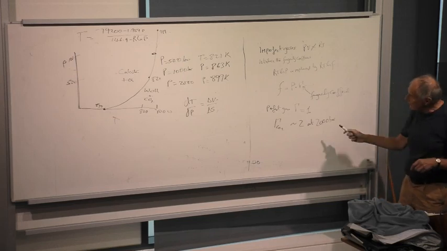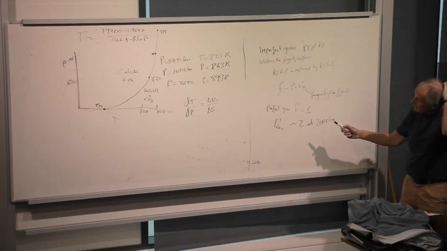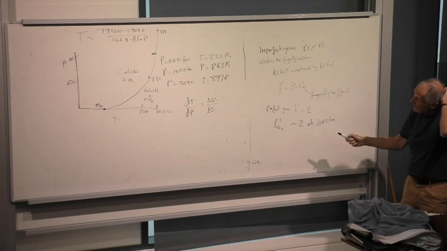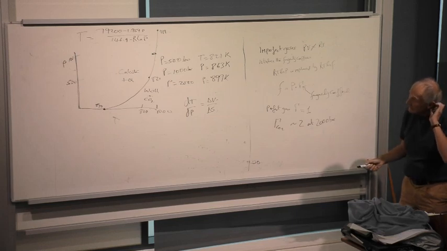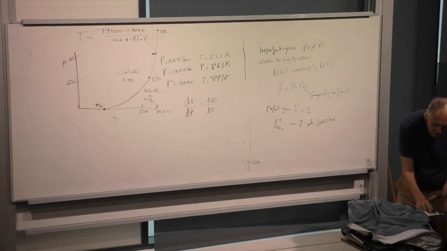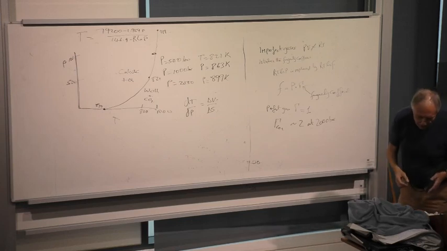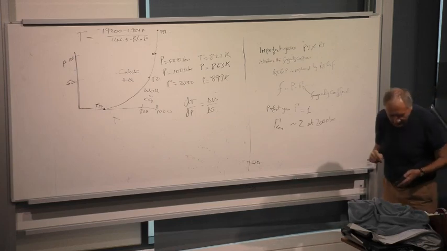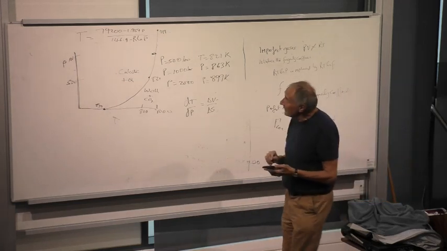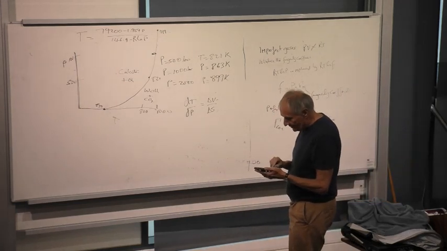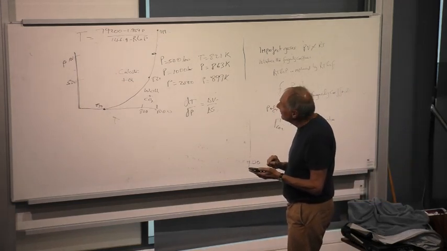So if we introduce a fugacity coefficient for CO2, what does it do at 2,000 bars? It will shift the temperature from 899. Not sure how much difference it makes, we'll try it.